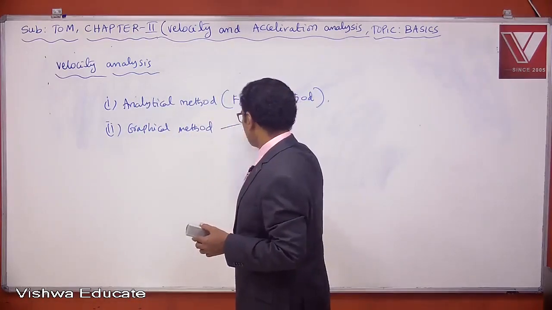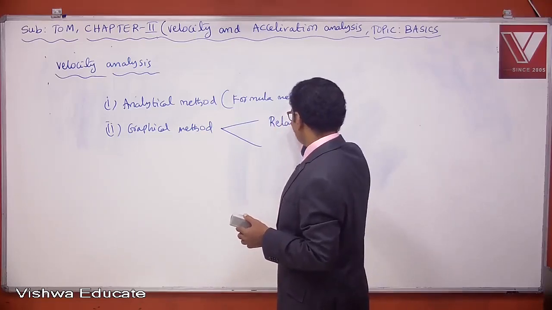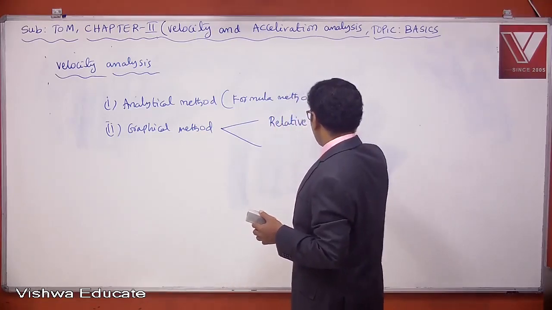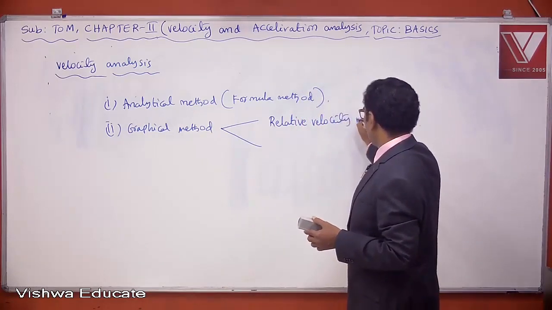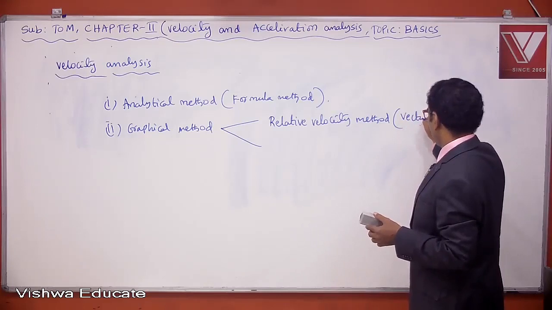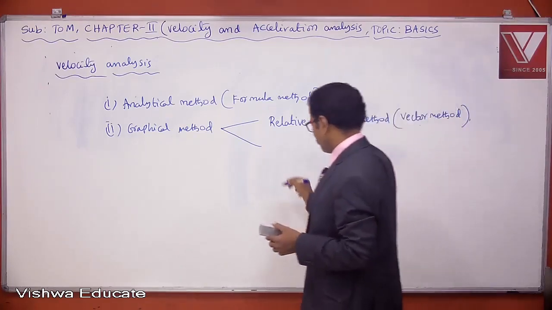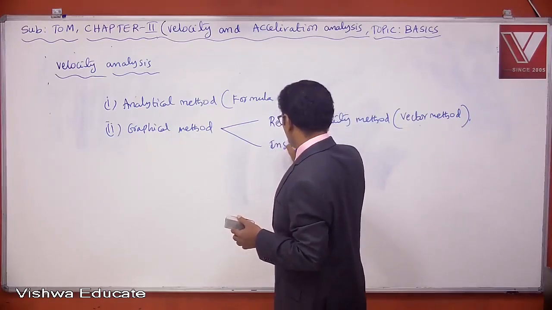In graphical method, again, there are 2 methods. First method is relative velocity method. It is also called the vector method. And second method is instantaneous center method.